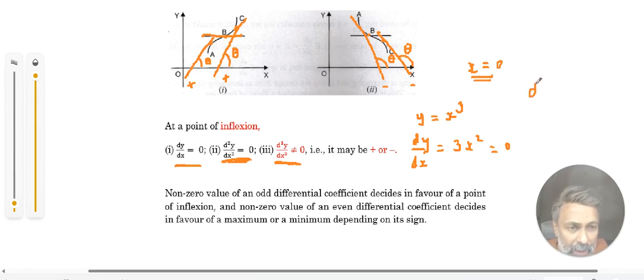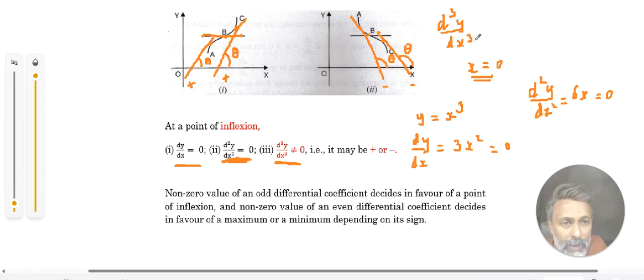Then you take the second derivative test, d2y upon dx2, which will be 6x, but x has already come as 0. When you put it here you get 0, so the second derivative is equal to 0. When you take the third derivative, d cube y upon dx cube, you get 6.